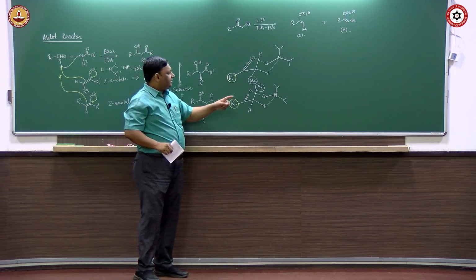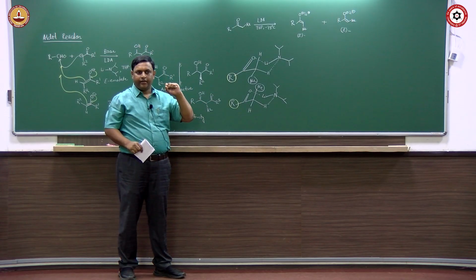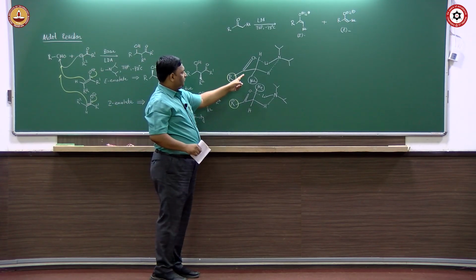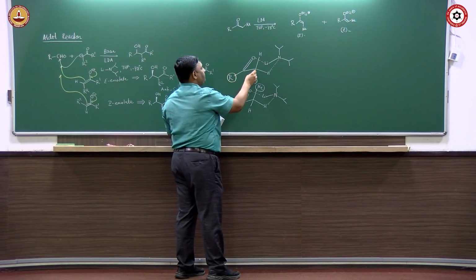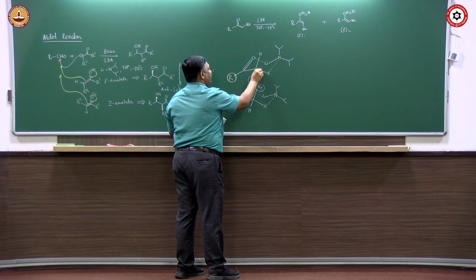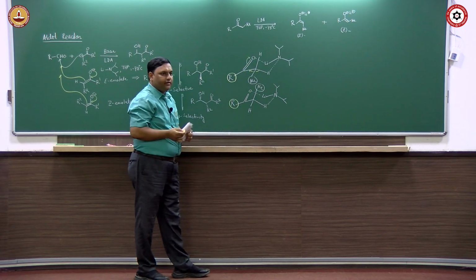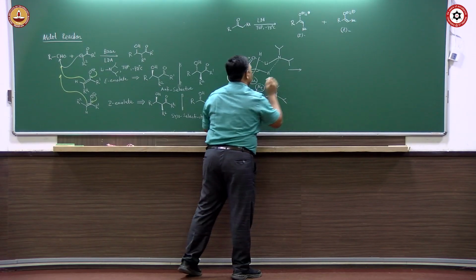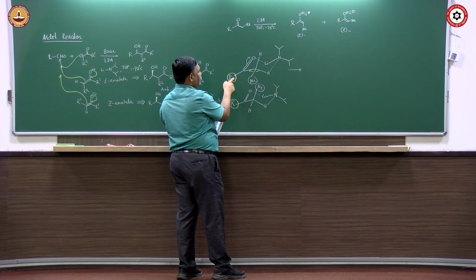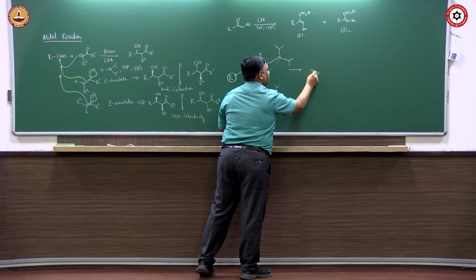Now, the question is which one is going to form? Because if you look at it from here, if you deprotonate, what is exactly going to happen? This bond will be formed and this pi bond is going to break. If that happens from this intermediate, you actually get R and methyl on the same side.